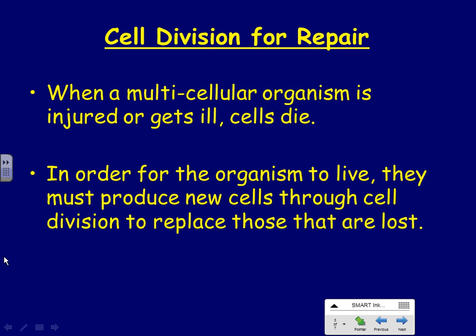We saw in the lab that small cells are more efficient at transmitting chemicals through them. Therefore, we must have small cells. If we're going to have large organisms and the cells must be small, then we have to have cell division in order to fulfill the large organism. To me, it's logical.